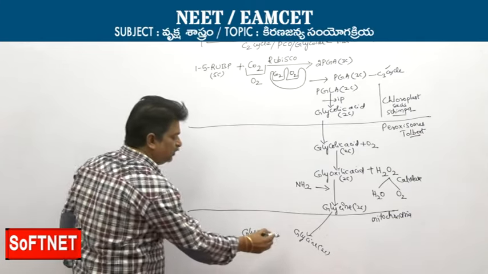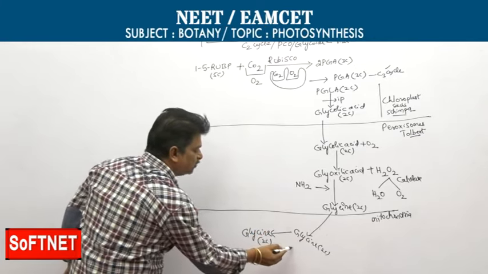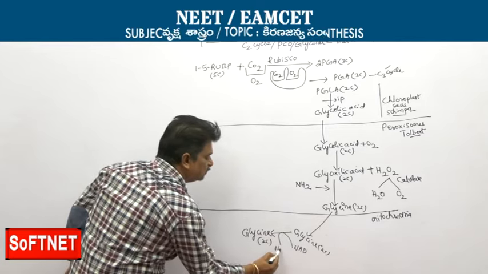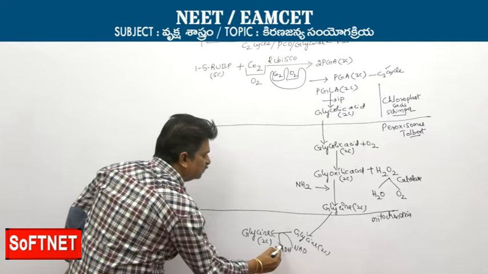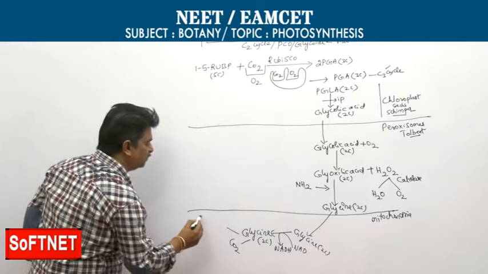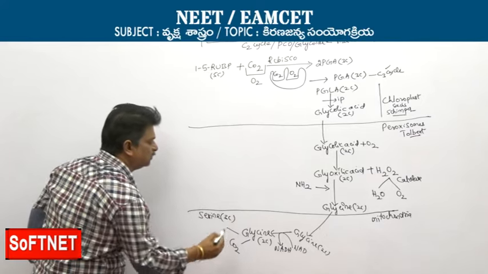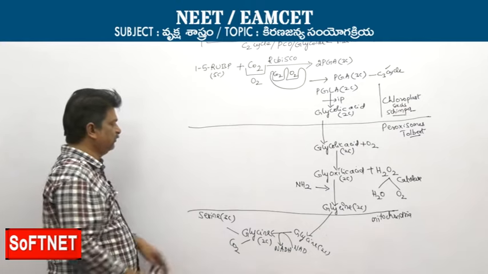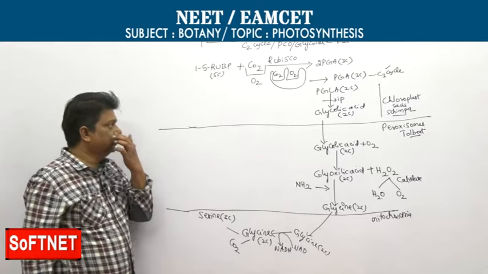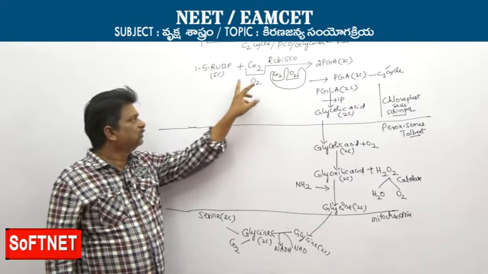So, in mitochondria, two glycine molecules undergo oxidative decarboxylation and form another amino acid, serine. Actually, what is respiration?